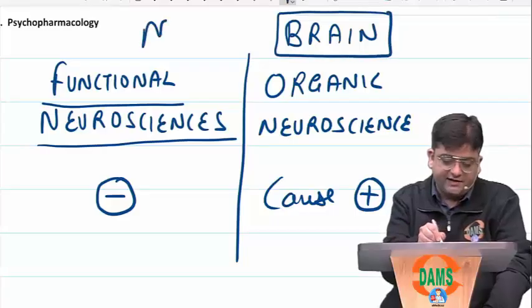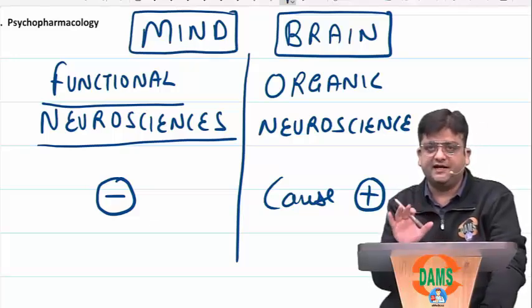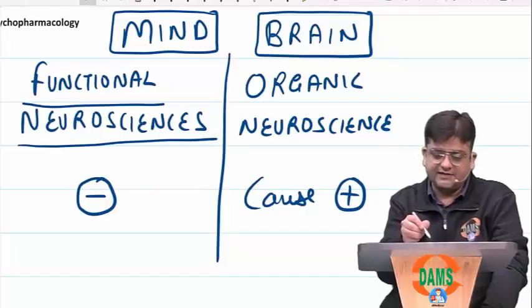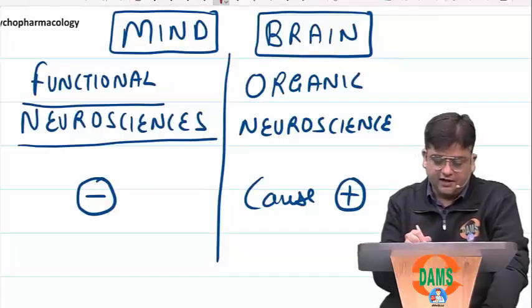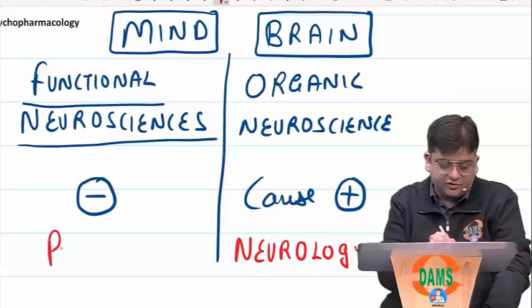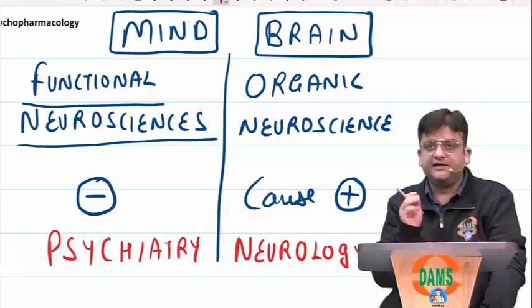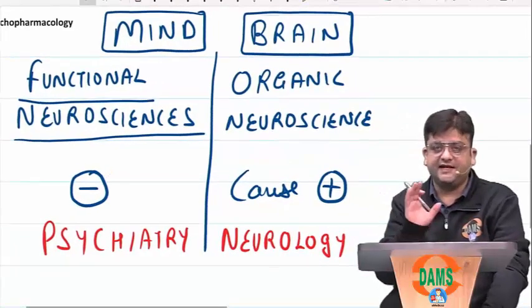The mind disorders come under functional. Basic understanding: anything that's related to the brain comes under neurology. Anything that's related to the mind comes under psychiatry. This is the first basic lesson.